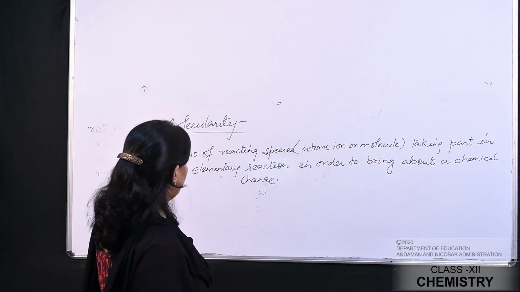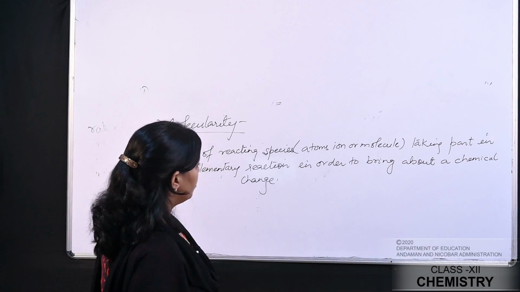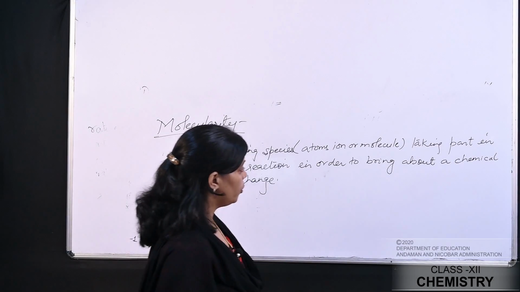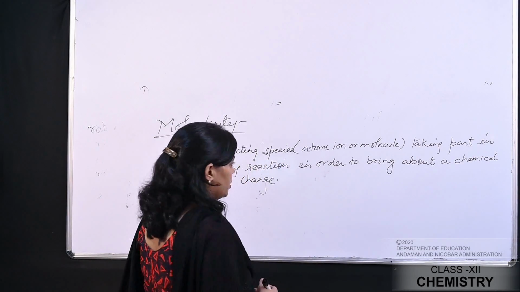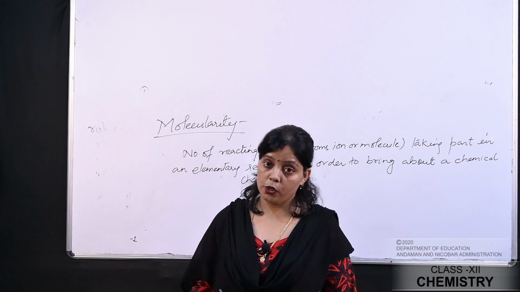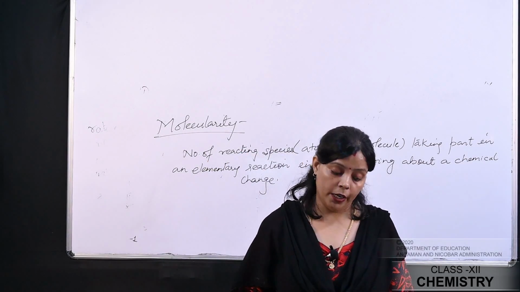The molecularity of a reaction is defined as the number of reacting species. These species may be either atoms, ions or molecules taking part in an elementary reaction in order to bring about a chemical change. This is called the molecularity of a reaction.